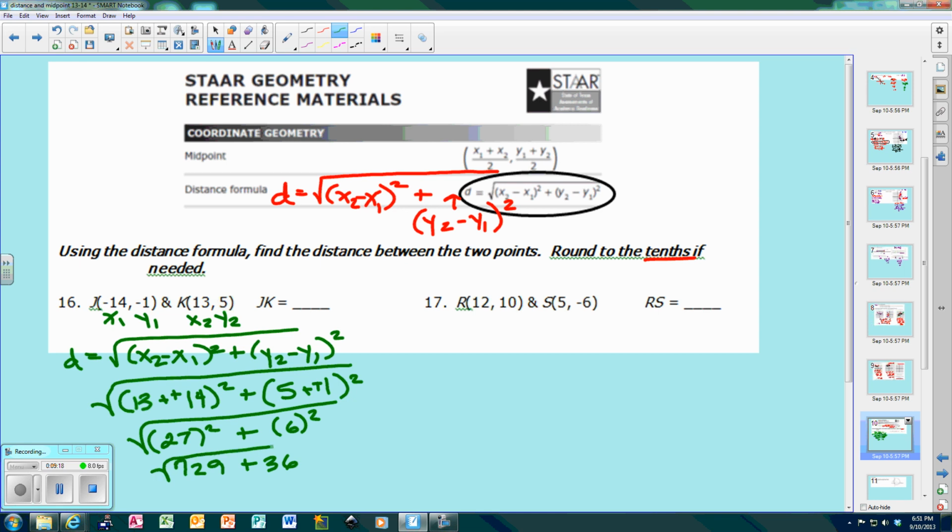So I'm just going to add those two numbers together, and I get 765. So the square root of 765. Just type that in your calculator, and you're going to get that the length is 27.7 units.